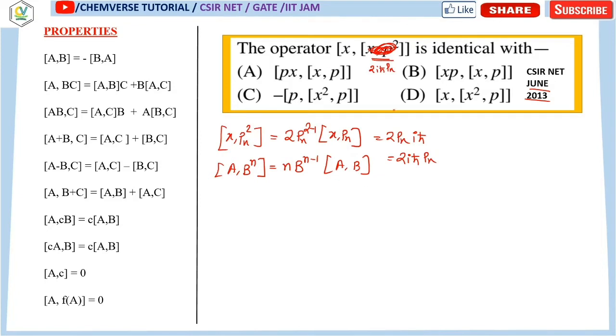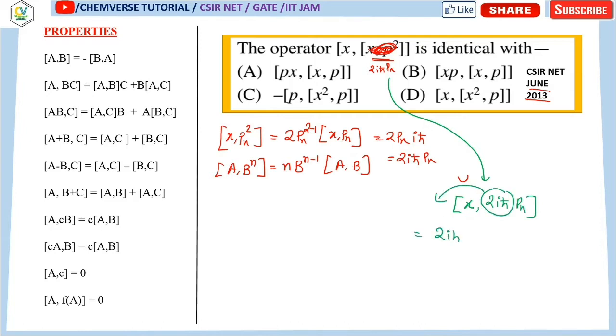By writing this way, I am taking this expression over here, the commutator with x, and x and p square is nothing but 2 i h cross px. Now this 2 i h cross is a constant, so I am taking it outside.